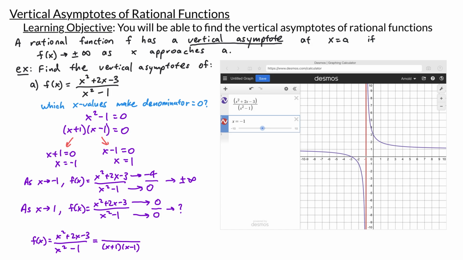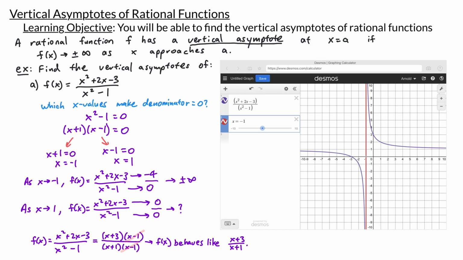Those two numbers would be positive 3 and negative 1. So our numerator factors as x plus 3 times x minus 1. Now, as long as x is not equal to positive 1, we can cancel these common factors out, which tells us that our function f of x behaves just like x plus 3 divided by x plus 1.